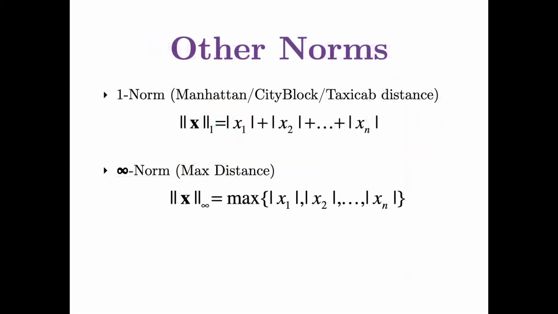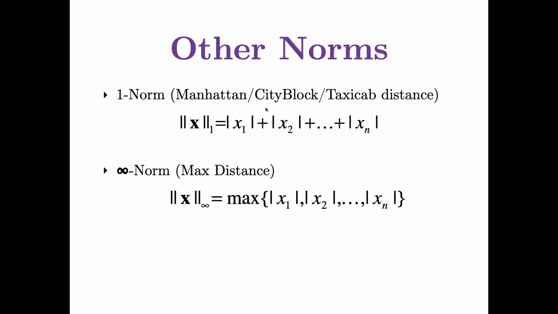Other norms that exist are the 1 norm and the infinity norm. These are probably the more commonly used norms outside of the 2 norm, but they're still not very common. The 1 norm is often called Manhattan, city block, or taxicab distance. It's the sum of the absolute values of the entries in the vector.